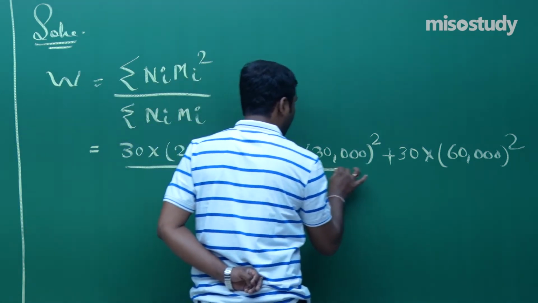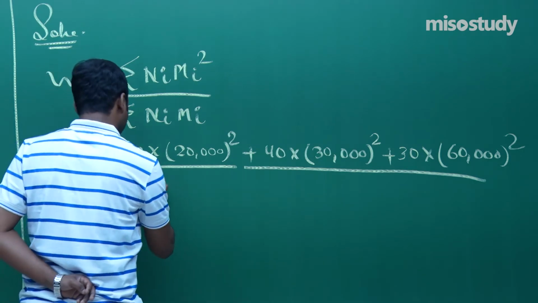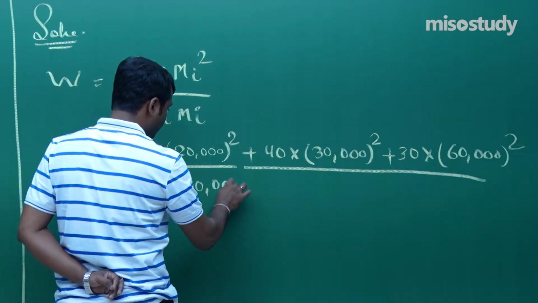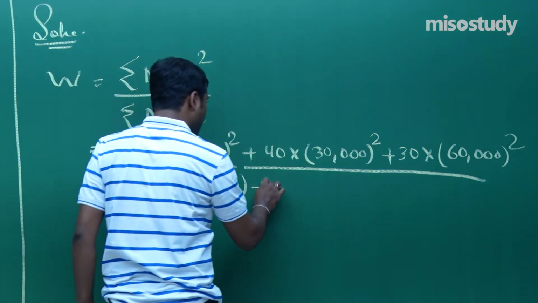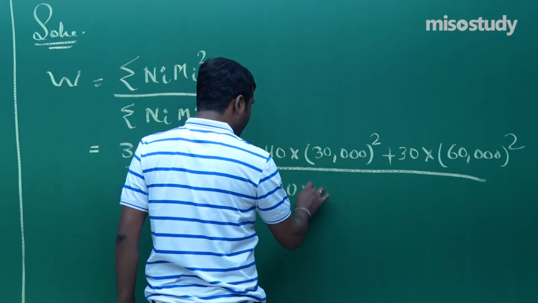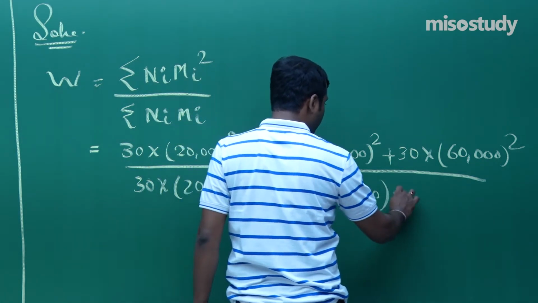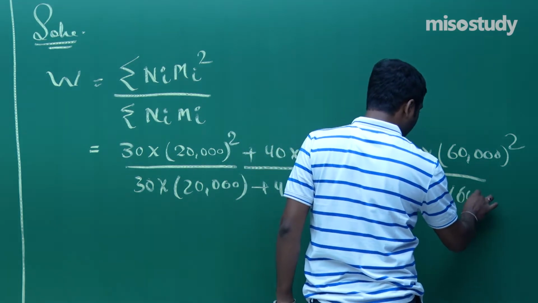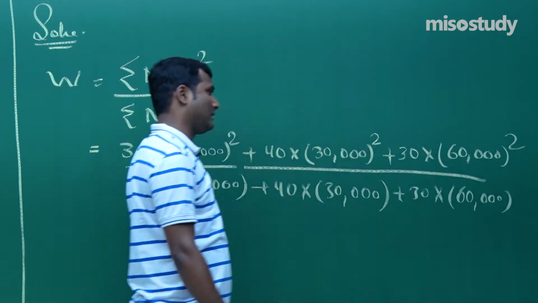Now upon that, 30 into 20,000 plus 40 into 30,000 plus 30 into 60,000. Clear to you? 30 into 60,000.